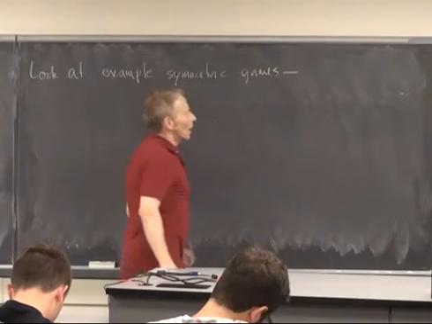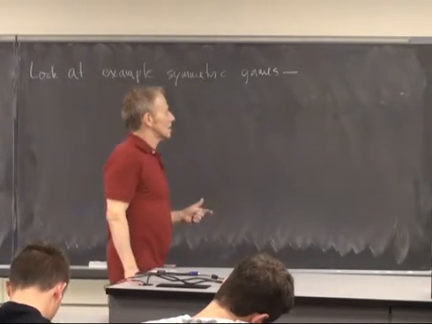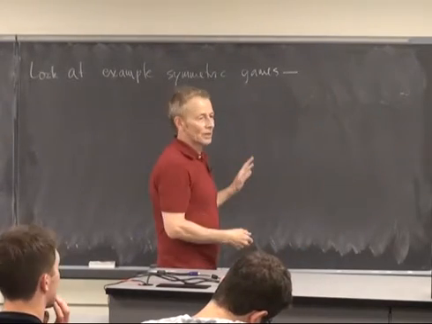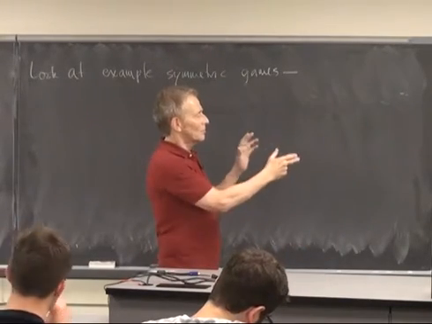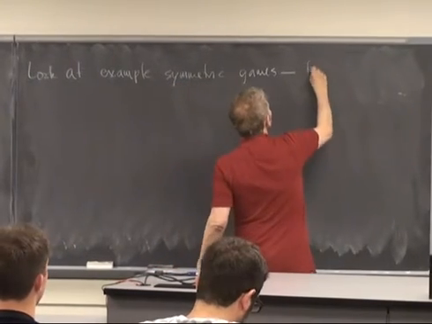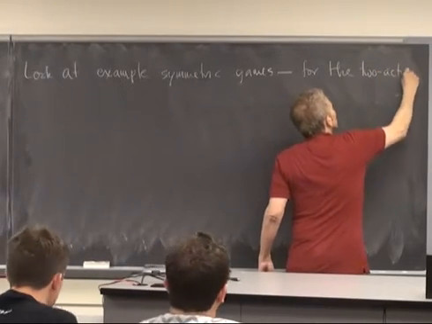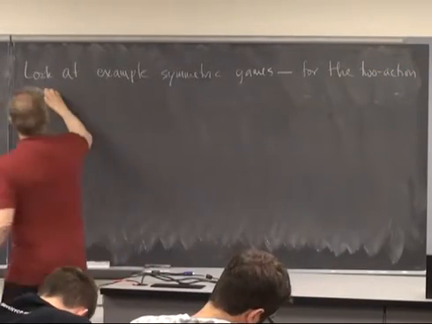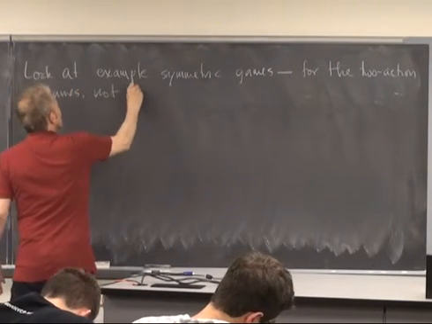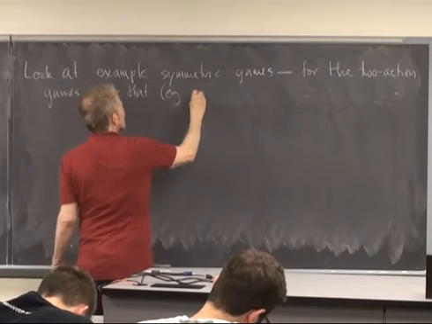And for the 2 action games, for Prisoner's Dilemma, for Symmetrized Battle of the Sexes, and for Hawk Dove, I'm going to simplify the replicator dynamics to be of the form x of t plus 1 equals g of x. Okay, so for the 2 action games, note that, and so let's look at the prisoner's dilemma, for example.